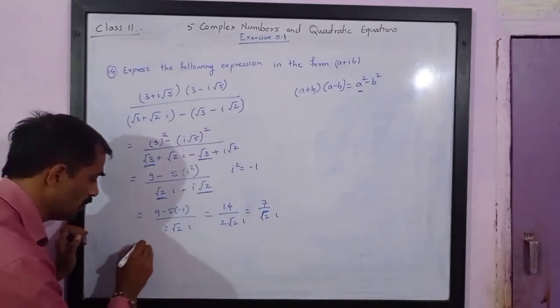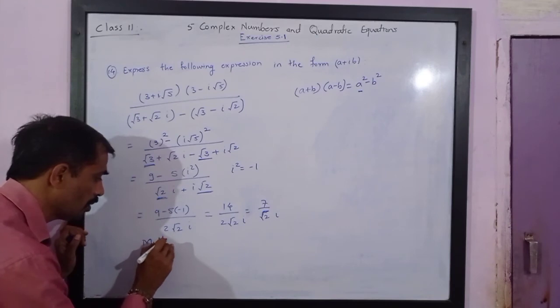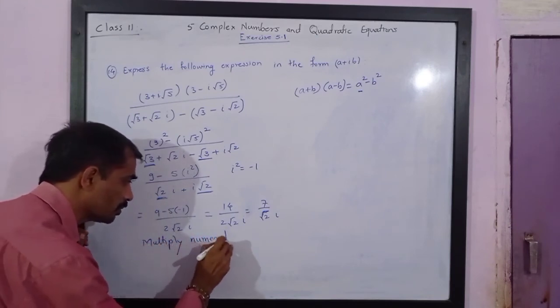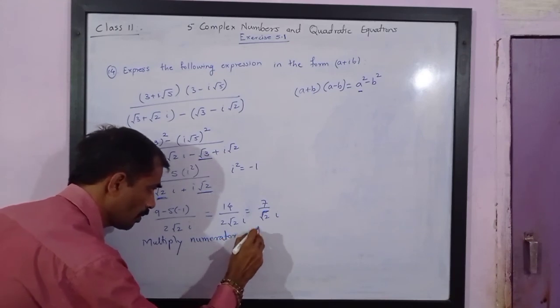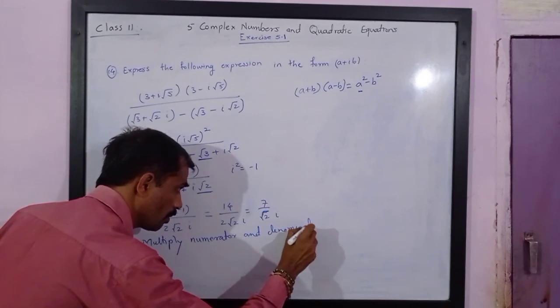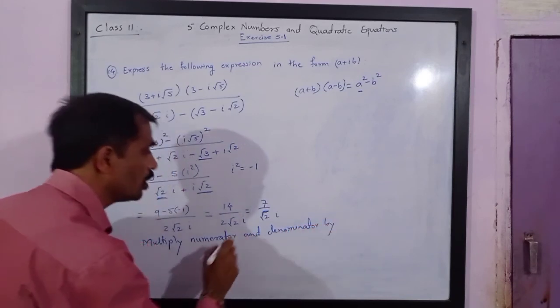So next step is multiply numerator and denominator by root 2I.